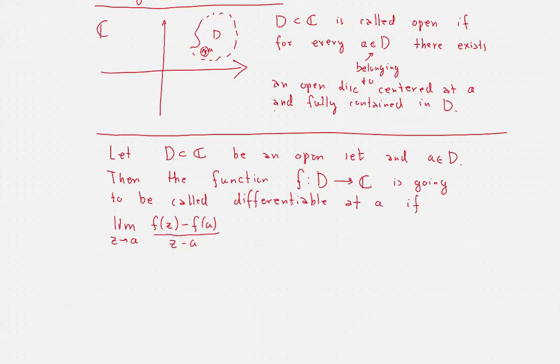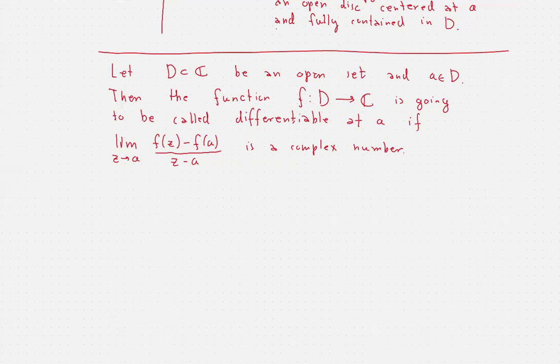Now, one might argue, well, how do we define limits for complex functions? In general, it's pretty much the same definition. Since there is a notion of proximity in complex numbers, so two complex numbers have a distance between them, we expect the quantity f of z minus f of a over z minus a to approach a complex number as z approaches a.